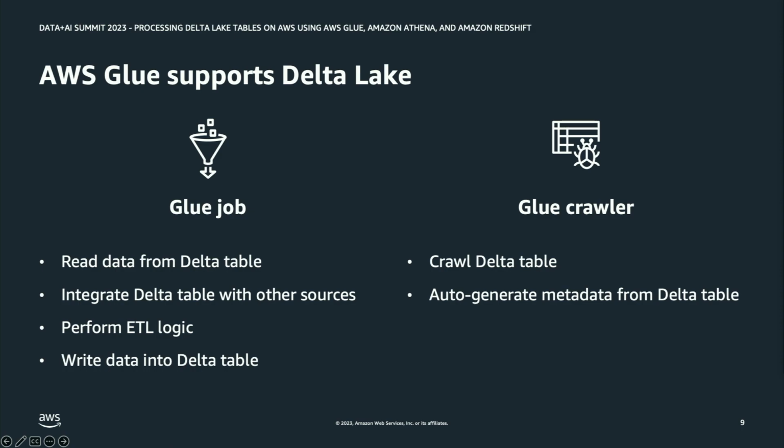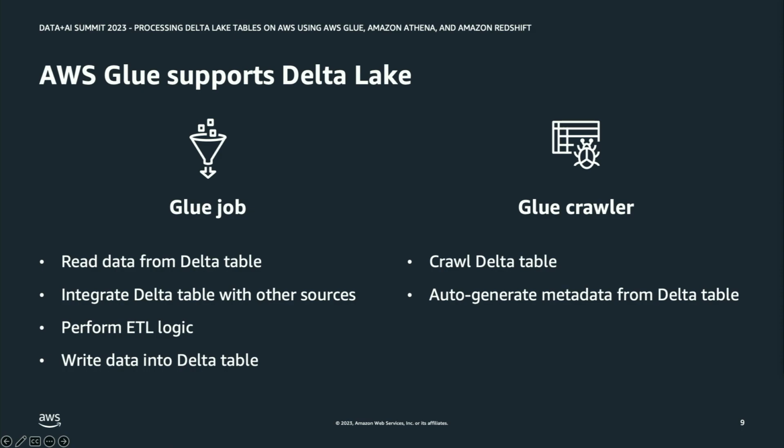You can also perform ETL logic, such as converting data types, renaming fields, adding columns, and almost arbitrary operations as you want. Of course, you can read from other data sources and ingest data into a Delta table using Glue jobs. On the right side, AWS Glue crawler is another component of AWS Glue.